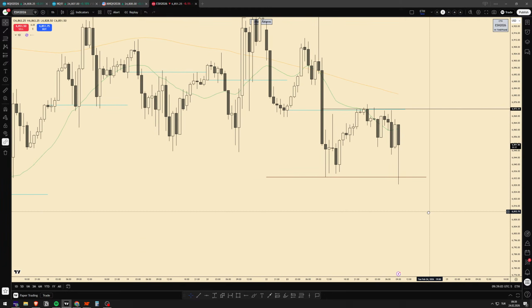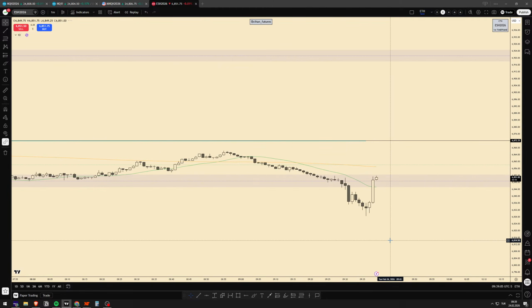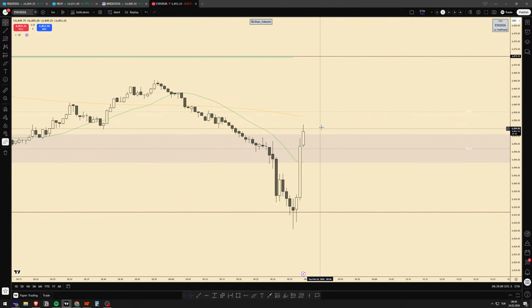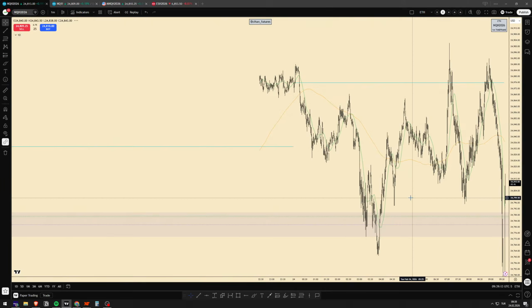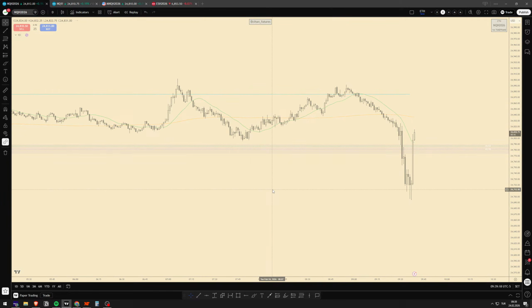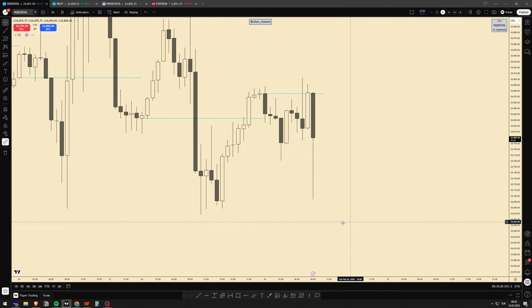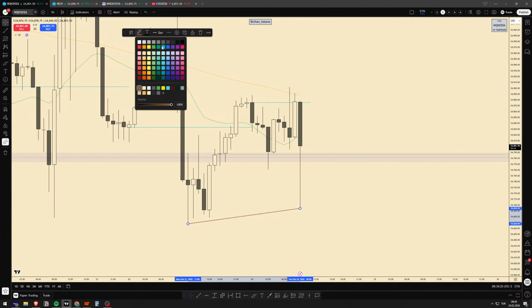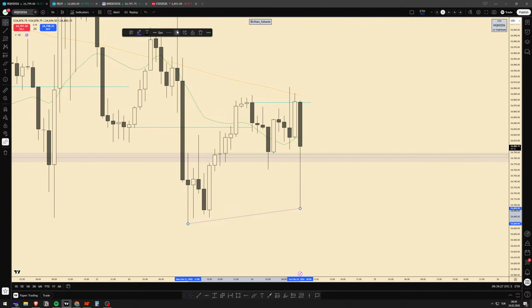There seems to be a divergence over here, and we see a strong reaction from that divergence. And let's see if Nasdaq has that similar strong reaction. Yes. This is the low that ES took. These are the lows that ES took, but Nasdaq did not.